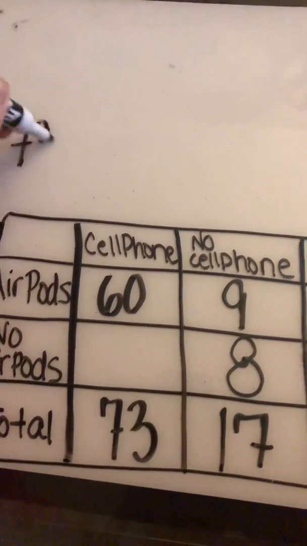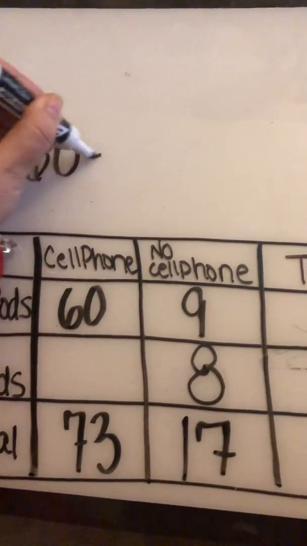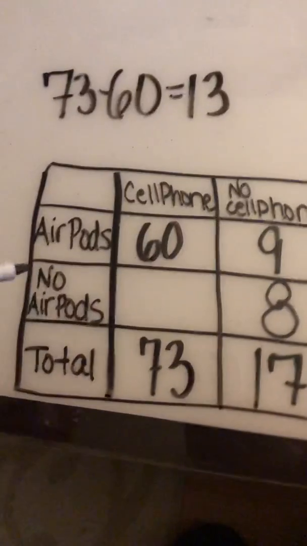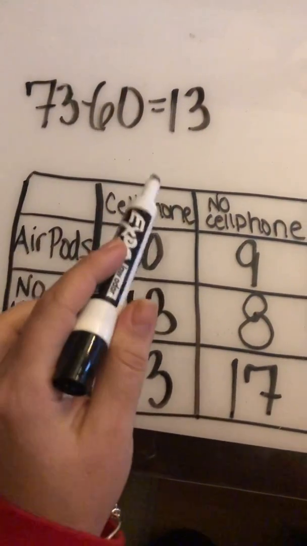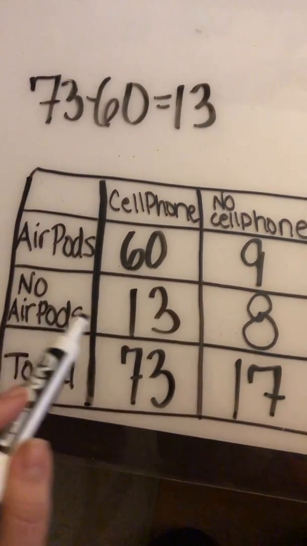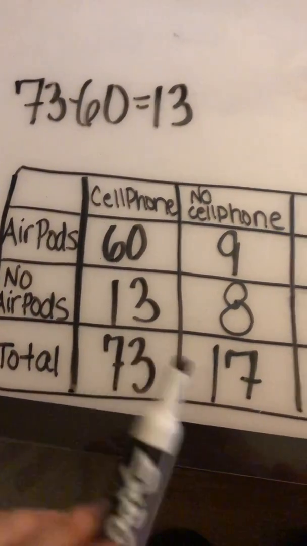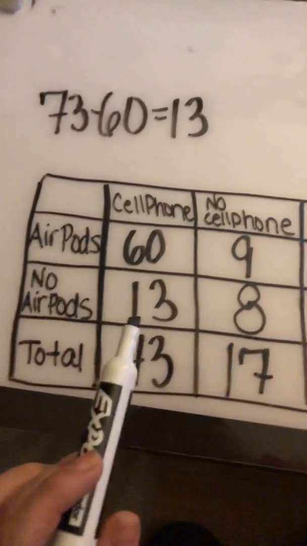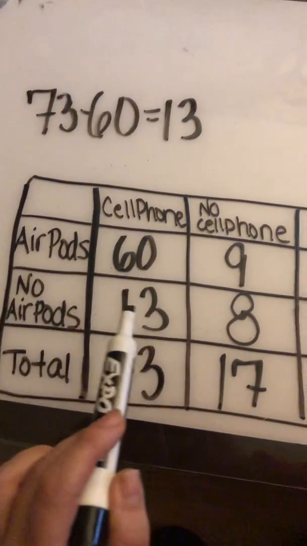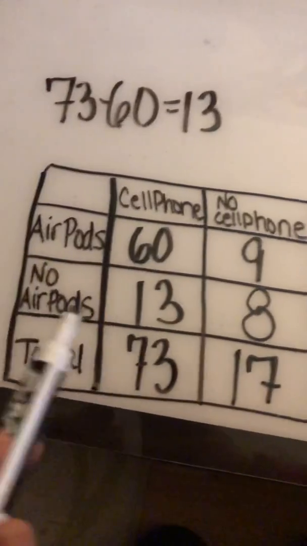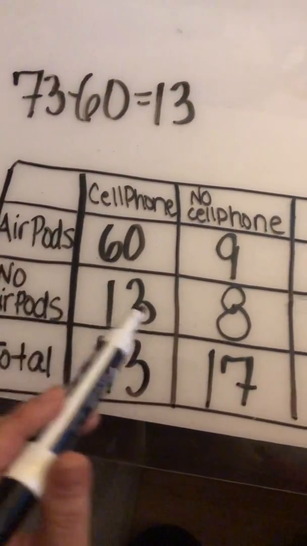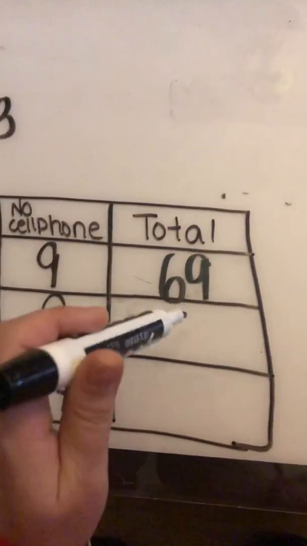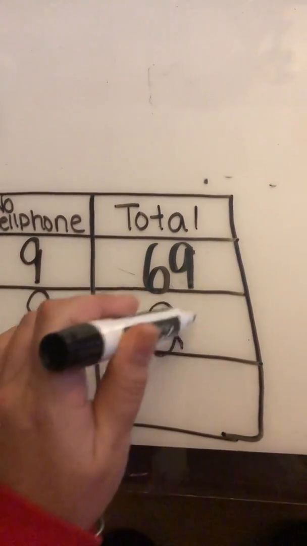So I would do 73 minus 60 to give me an answer of 13. So that number is going to go here. So 13 students own a cell phone but do not own AirPods. Okay, we have this. Now we can also figure out how many total students do not own AirPods by adding horizontally. So I'm going to do 13 plus 8, and that will give me an answer of 21.